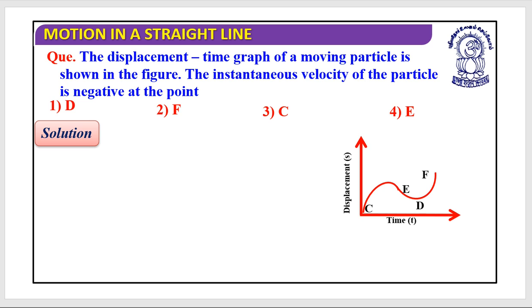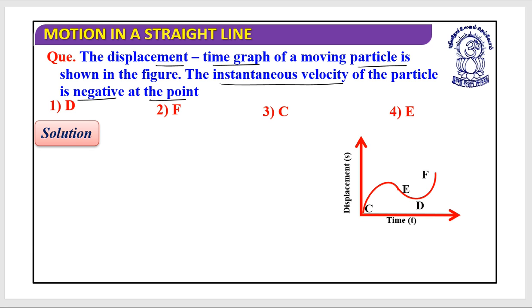Go through the data very fast. What they have given is that a displacement versus time graph is given for a moving particle, and you need to find out at which point the instantaneous velocity of the particle is negative. Let's check it out for every situation.